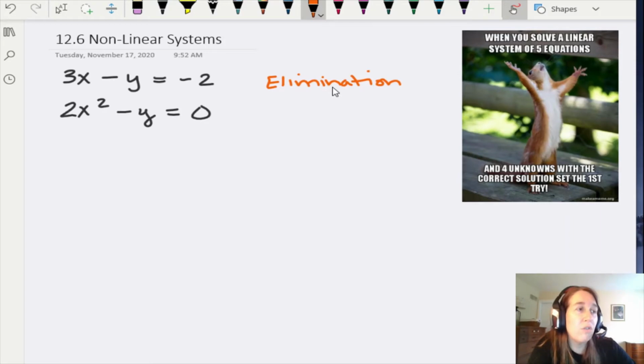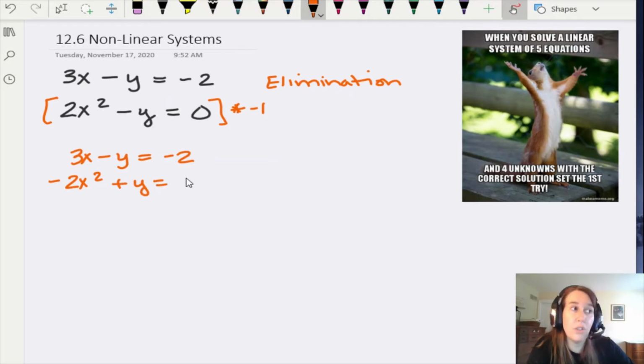But if we're going to use elimination, all we have to do is multiply this second equation by -1 to get opposite coefficients for the y. So we have 3x minus y equals -2, and then -2x squared plus y is equal to 0. All right, add those two equations together.